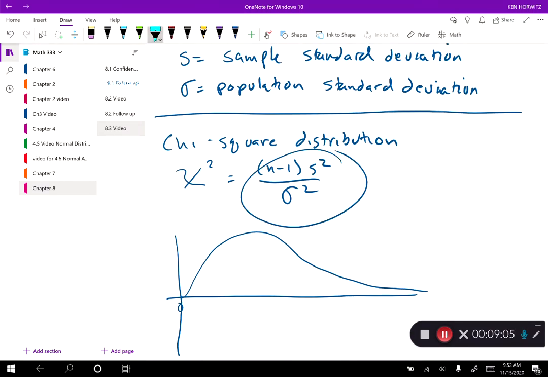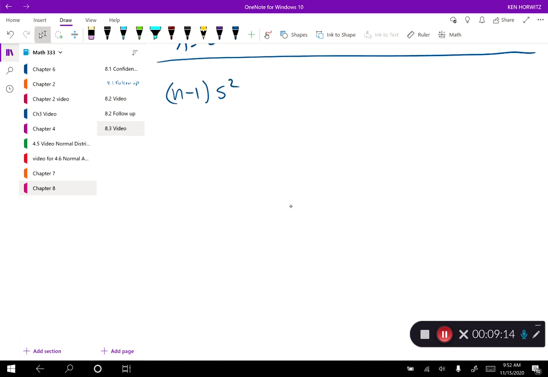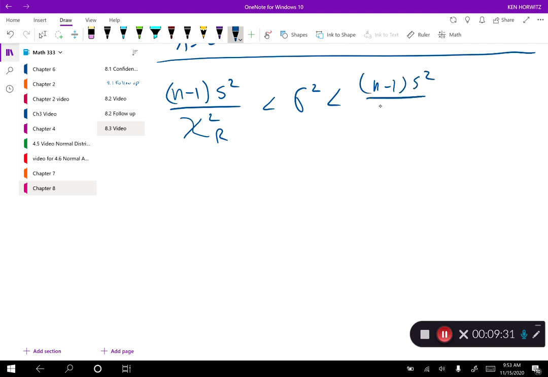However, I do not have my population variance. That's what I'm looking for. So instead of putting population variance in our denominator, we are going to place our chi-square right value in this denominator, and our chi-square left value in the other denominator.